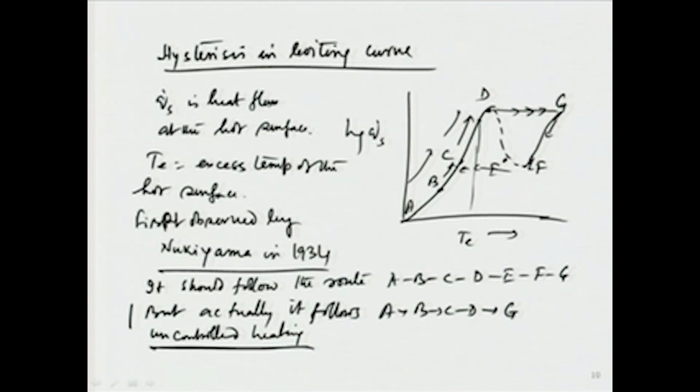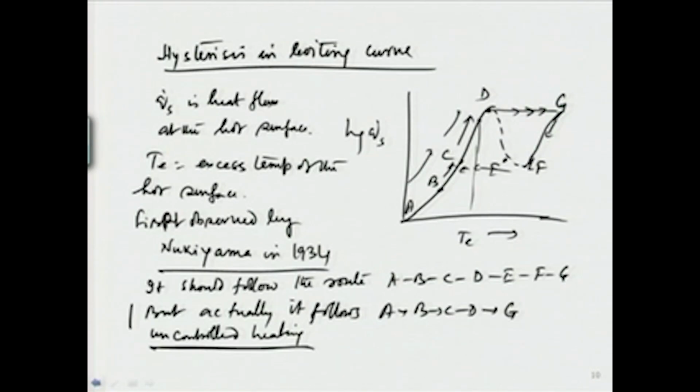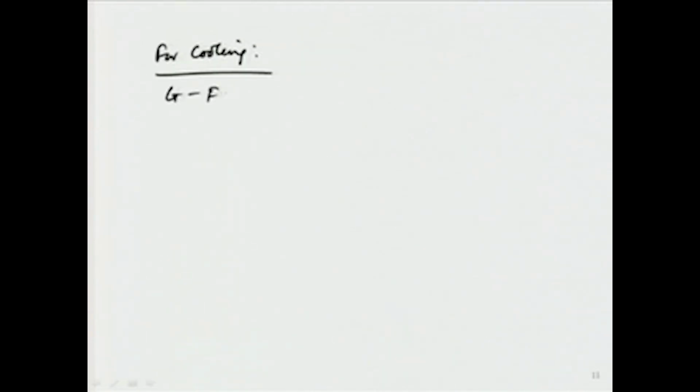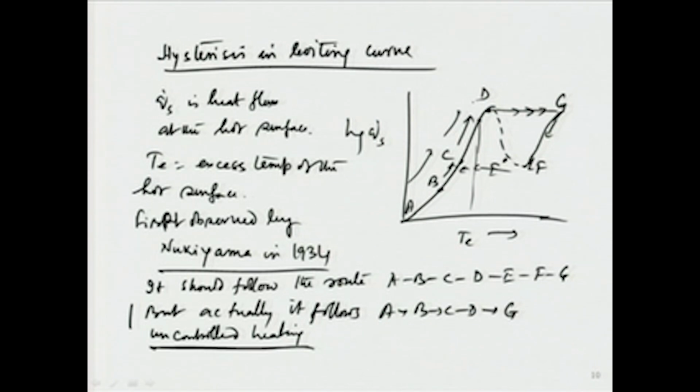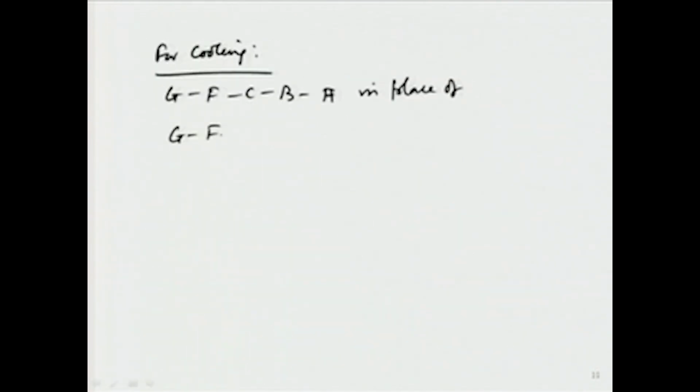Similarly, while coming back, if by any chance we are at point G, and for cooling purpose, it should come back, it comes back through the path G, F, C, B, A in place of G, F, E, D, then C, B, A. So this path is not followed while cooling.